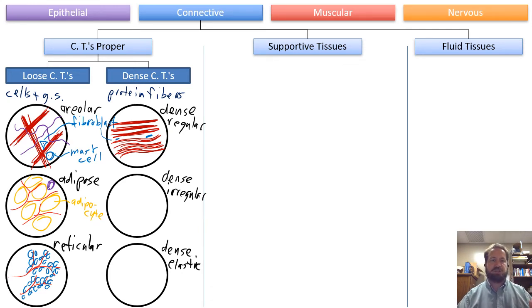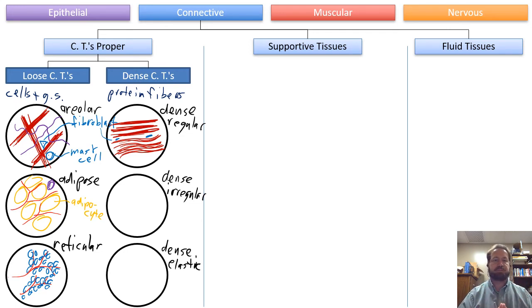Dense regular tissues are strong in one direction. Okay, remember collagen fibers are strong in tension. So this is going to be strong in the pulling, in one pulling direction. So these are useful for tissues that have to bear a lot of tension in one direction, like a tendon or a ligament.